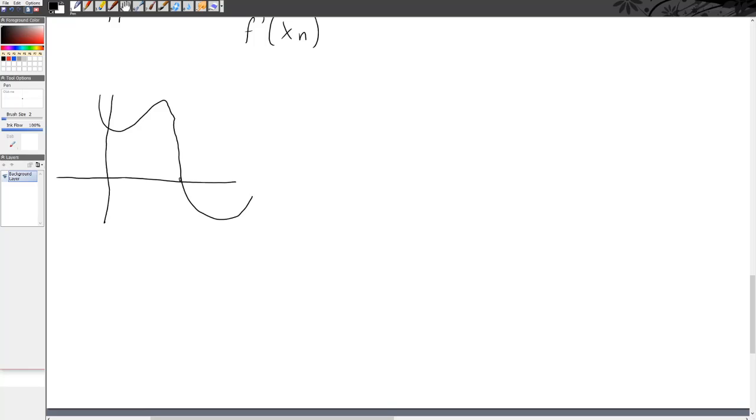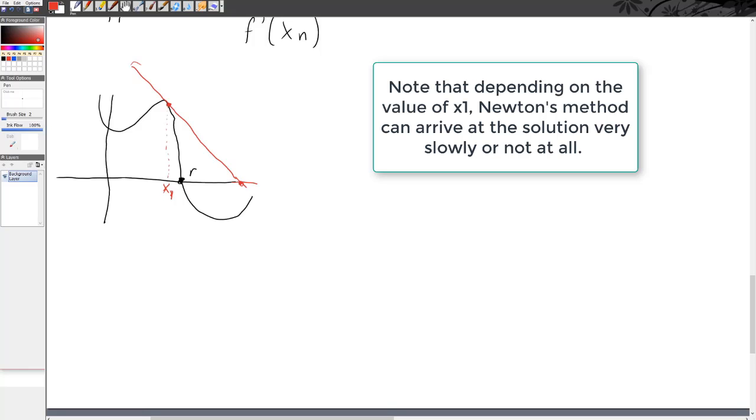The roots is right here at R. But if we pick x1, say right here, x1 is extremely close to R. But if we try to find the derivative and the tangent line, well, the tangent line is going to give you some value of x2 that is a lot further away from R. So when this happens, we have to go back and we have to pick a new x1.